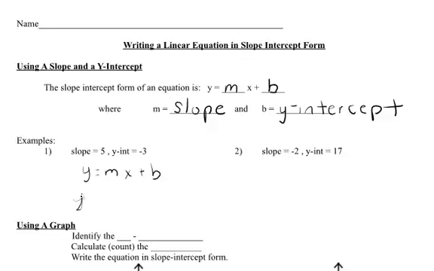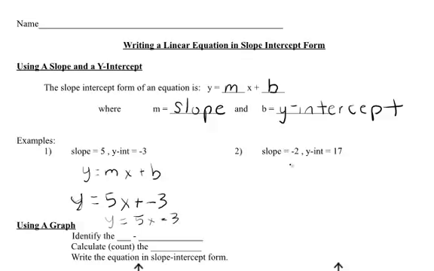So our equation will be y equals the slope 5x plus our y-intercept is -3. So that's perfectly correct. We could simply just write y equals 5x minus 3.